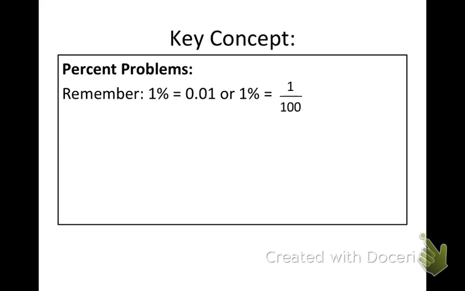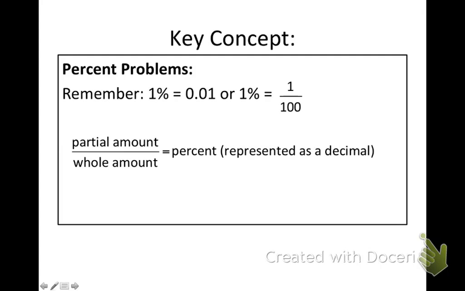So whenever we're dealing with percent problems, what we like to think about is the percent proportion. And I always think in my head, part over whole equals your percent. Because 1% would be 1 over 100. It's 1 part out of the whole 100. Just for today, because these are easy percent problems, we're going to get to the mixture percent problems, which get a little bit complicated later on down the road.